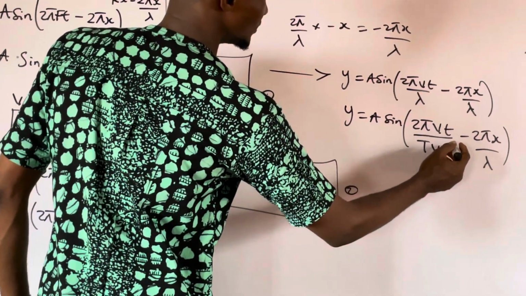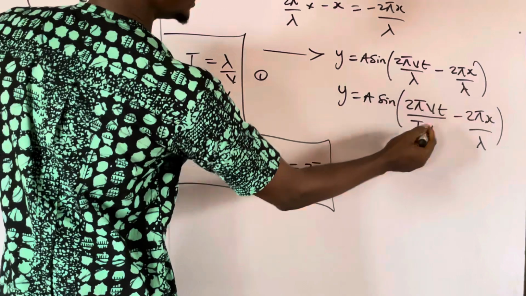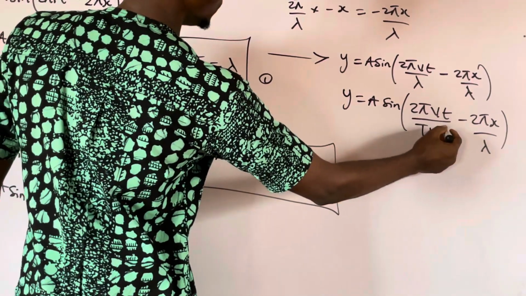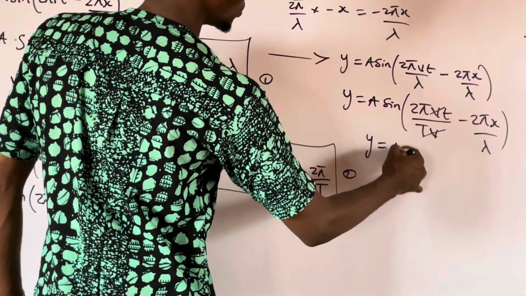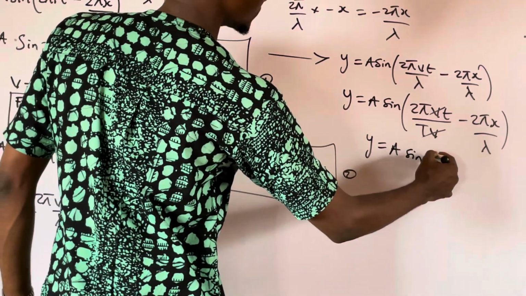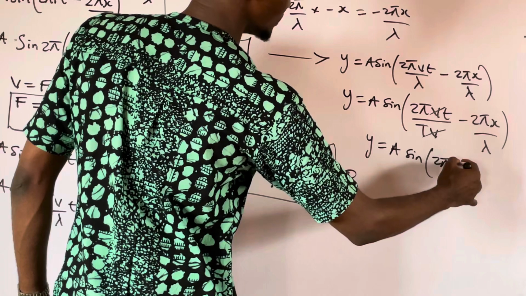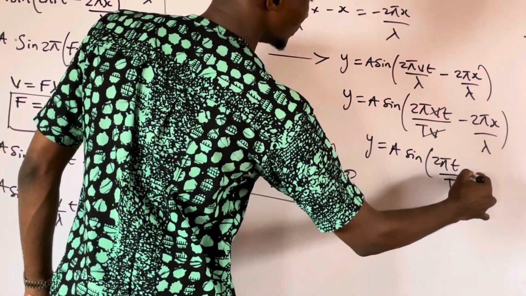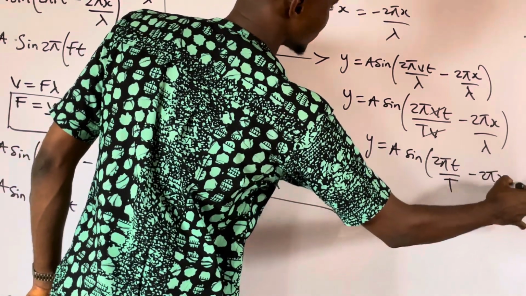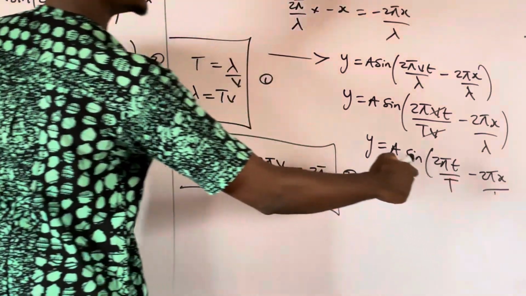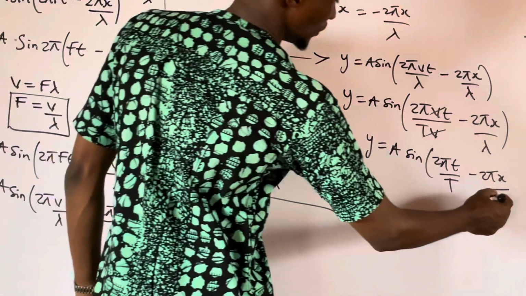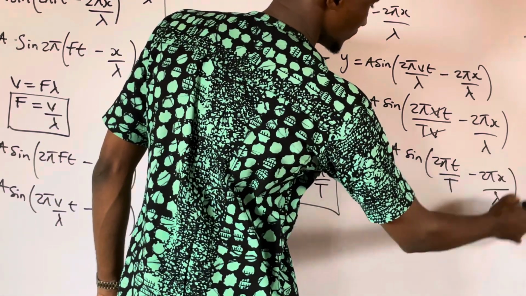The v will cancel out here. So we're going to have y equals a sine bracket 2 pi t over T minus 2 pi x over lambda, right?